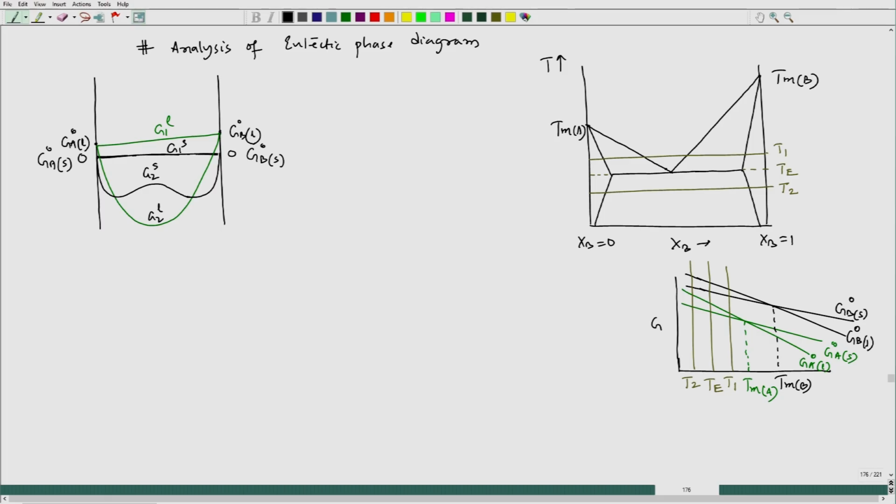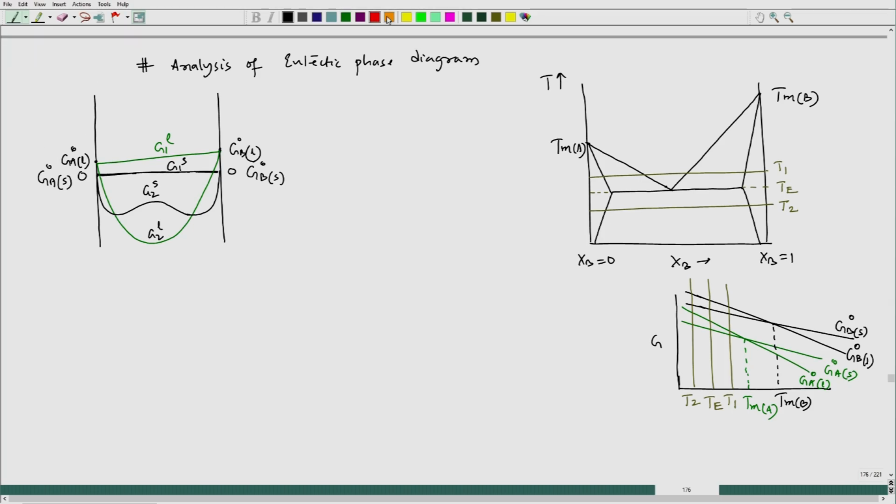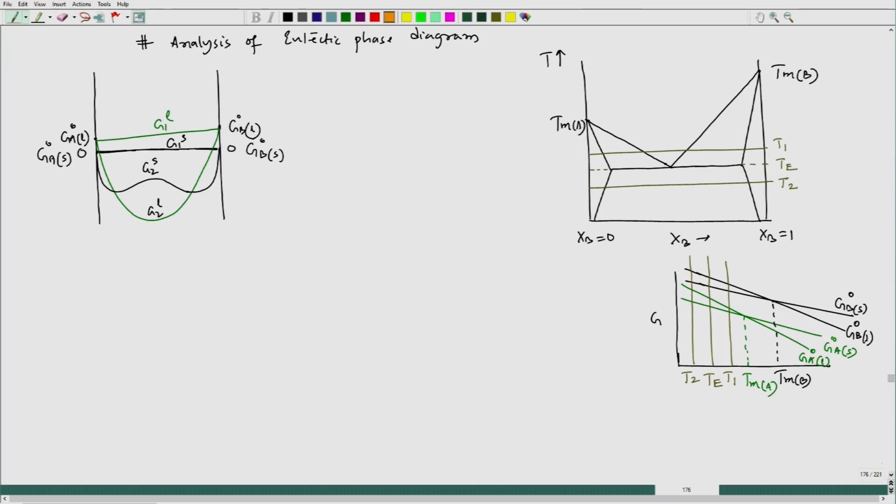Now, we see that one tangent is lying here, another tangent is lying there. Now, these two compositions, this is one composition which is XB.